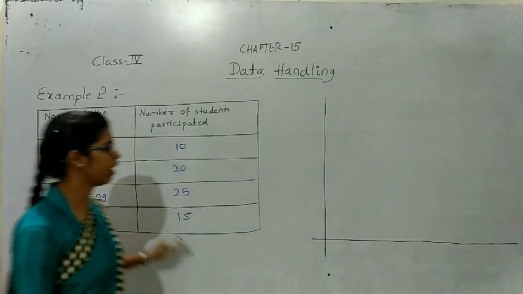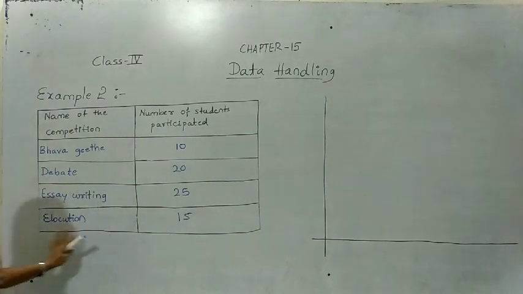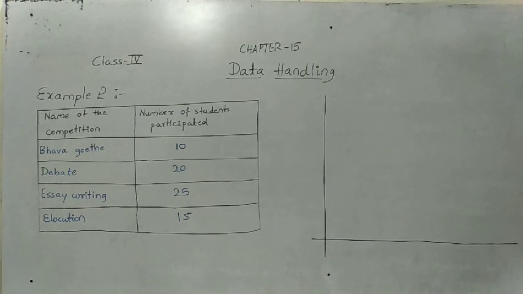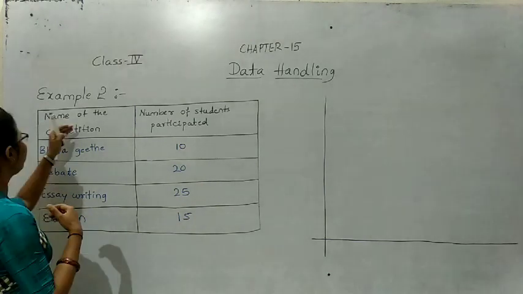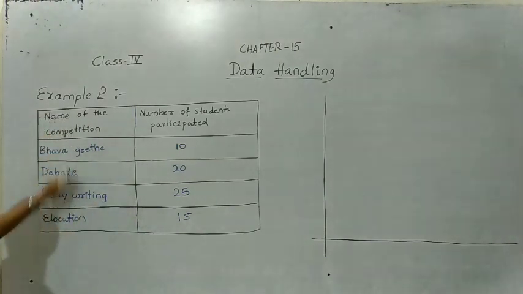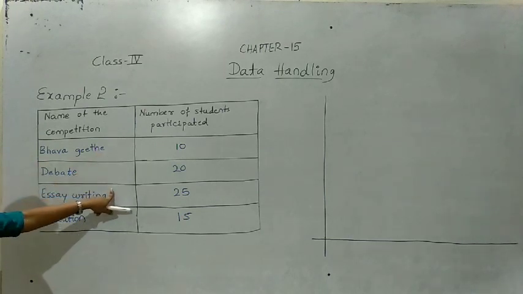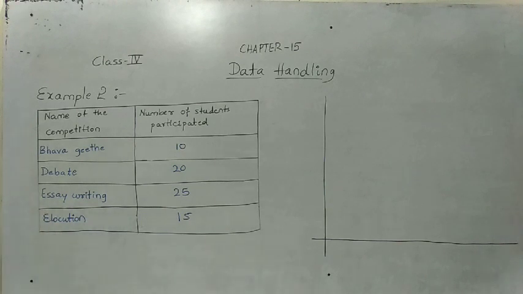So now we will draw the graph for this given table. See, number of participated, that is the number form. The names of the competitions are given. How many competitions are there? 4.